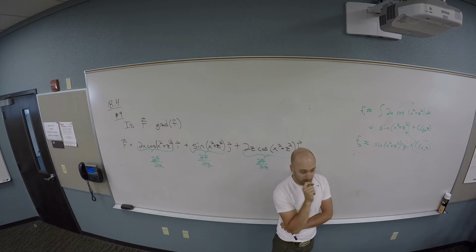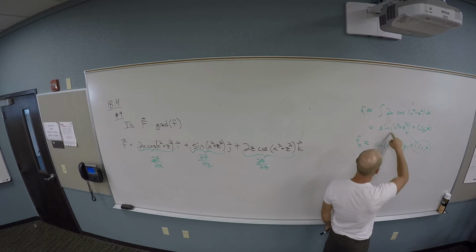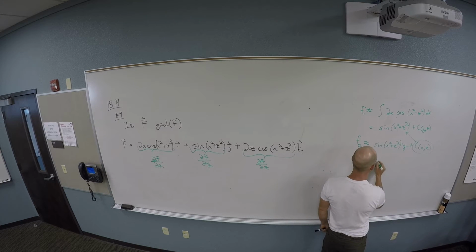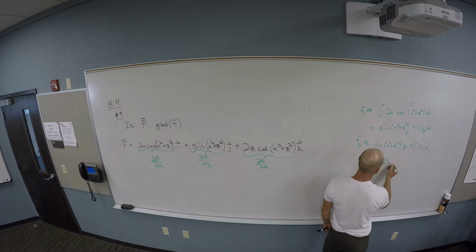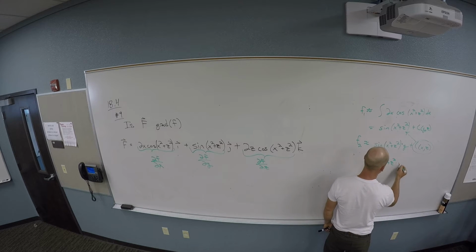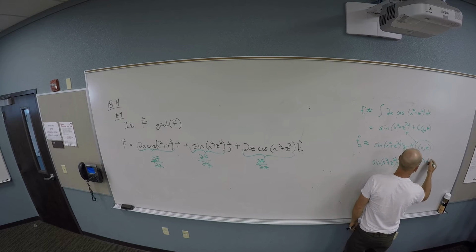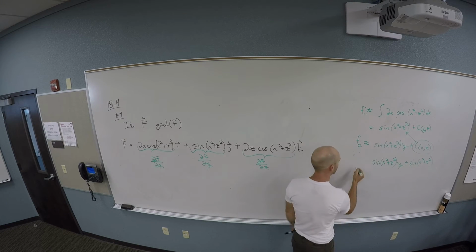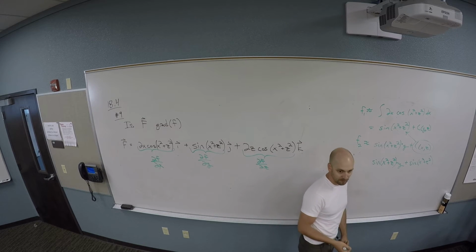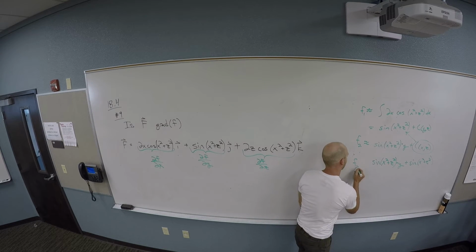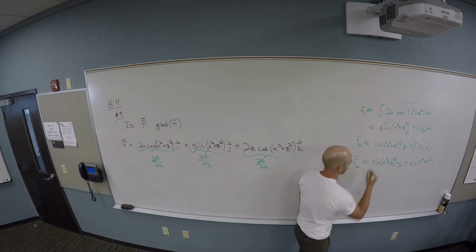Okay, so hang on. If that has to be sine of x squared plus z squared, then I've got sine of x squared plus z squared times y plus sine of x squared plus z squared. This should be like an improved version of f2. But it doesn't work.